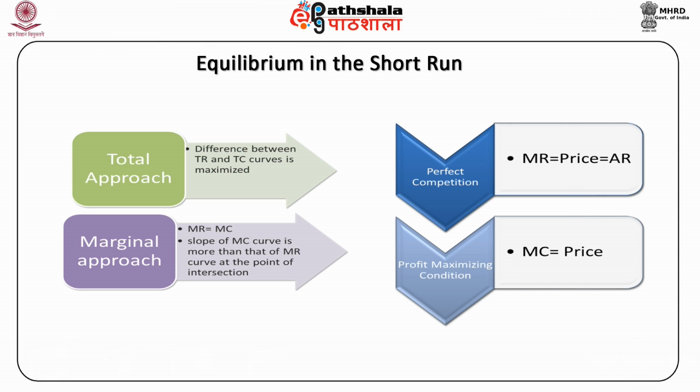The short-run profit maximizing condition for a perfectly competitive firm is thus MC equals price. This condition implies that no firm has an incentive to deviate from charging price equal to marginal cost, which is the same for every firm in the industry.